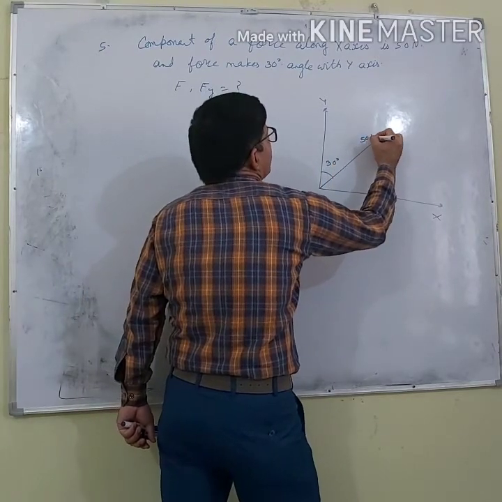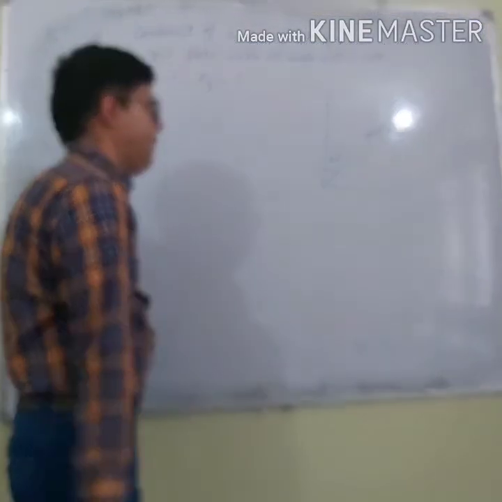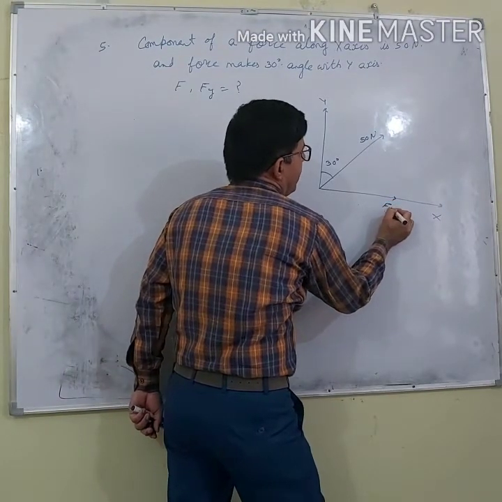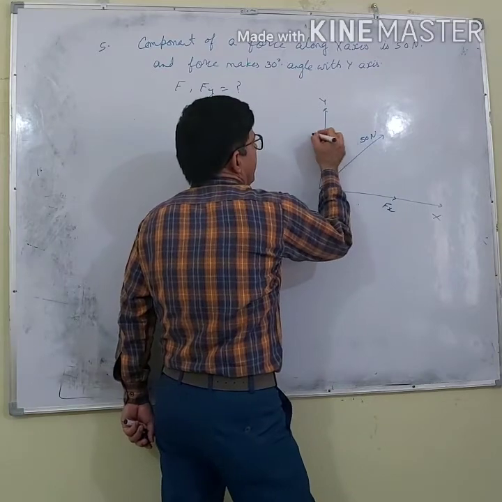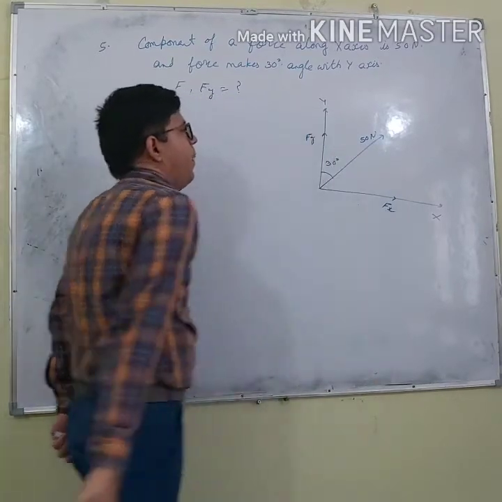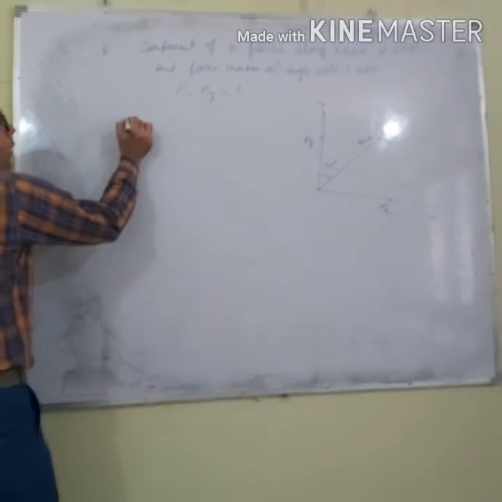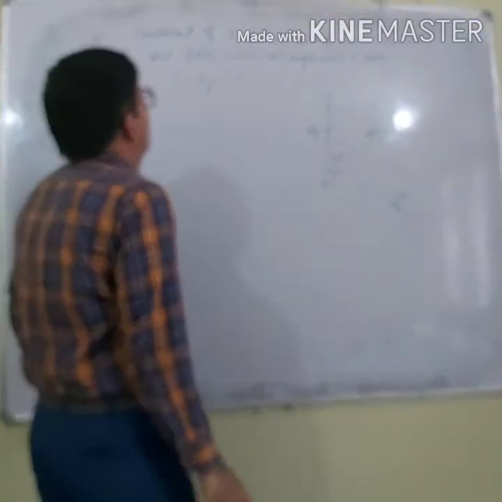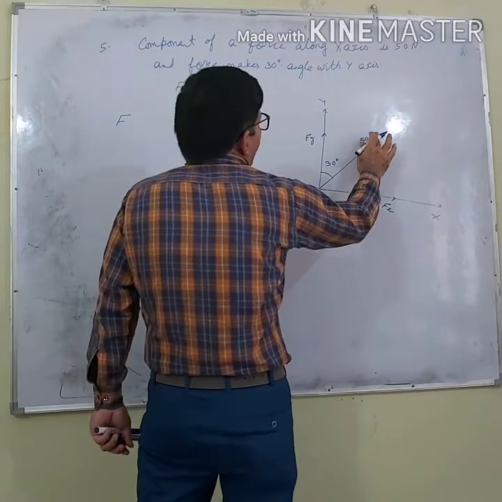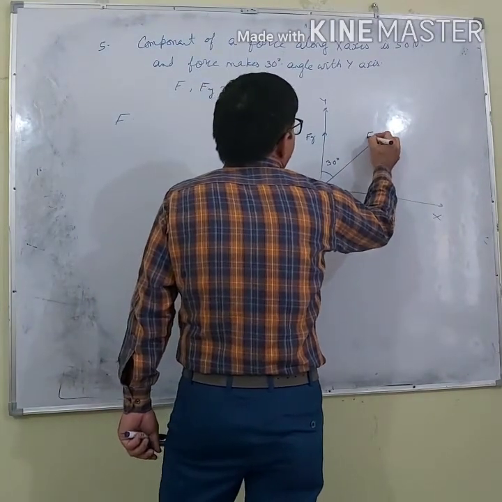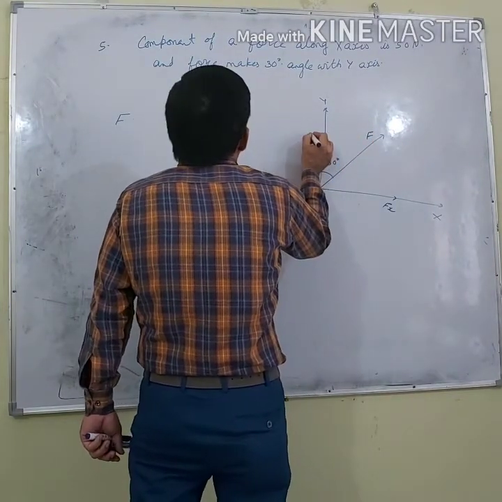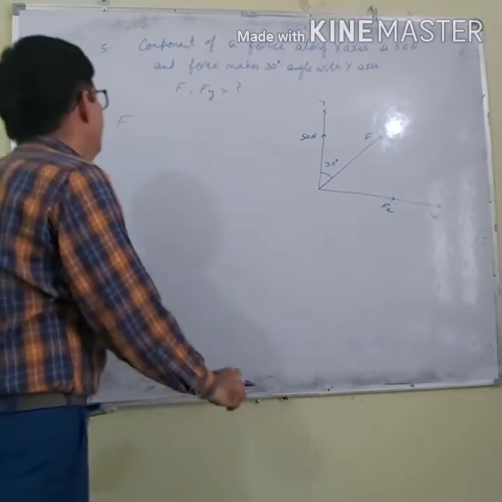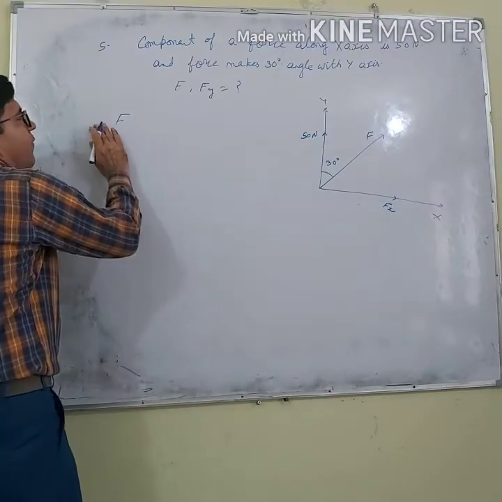I have to calculate Fx and Fy. Okay, this is F and this component is given to be 50 Newton. I have to calculate F and Fy.